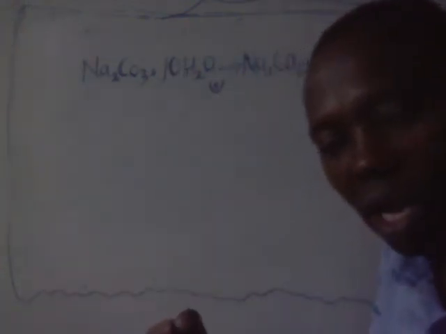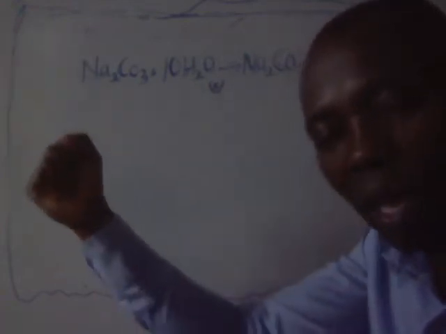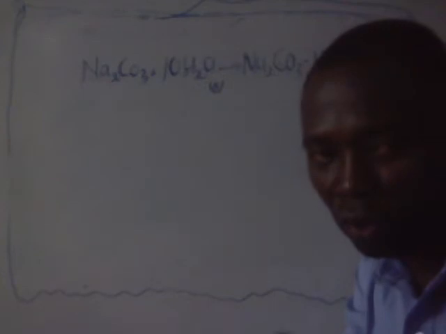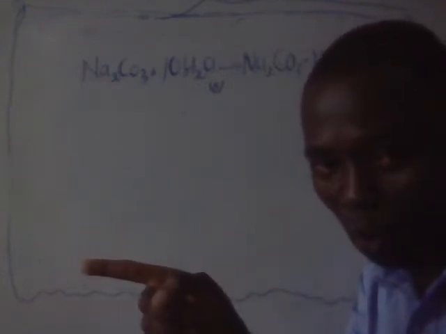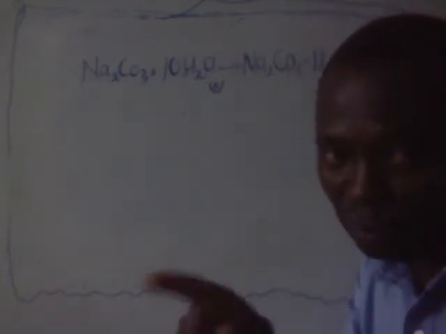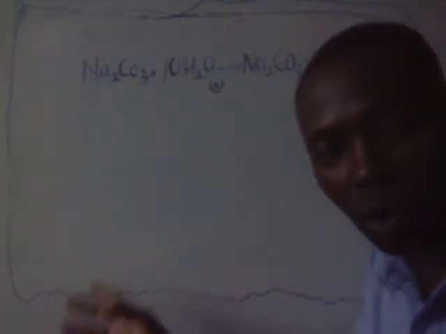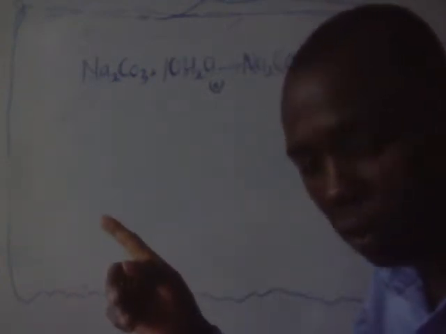Immediately you open the bottle, it becomes watery, wet. That means it has absorbed moisture in form of water from the air. And don't forget that one of the compositions of air is water vapor, which is obtained from the evaporation of water from the sea surface, ocean, rivers, and all that. So that is deliquescence.